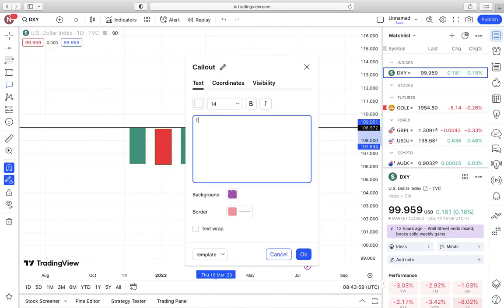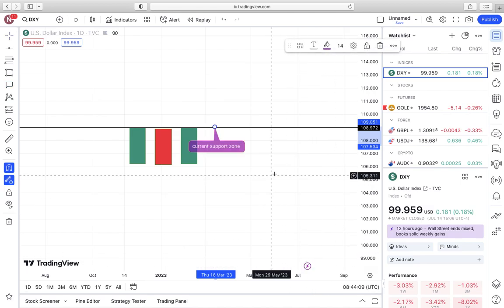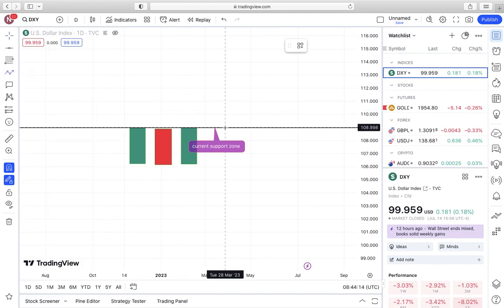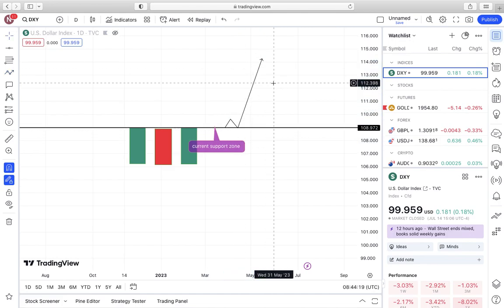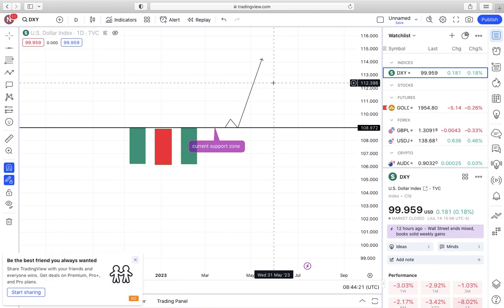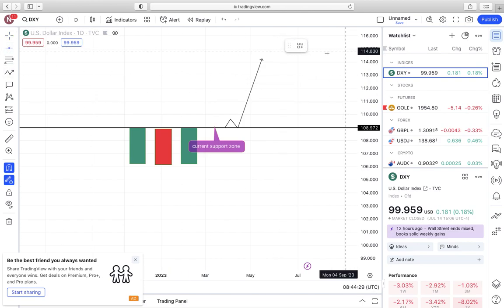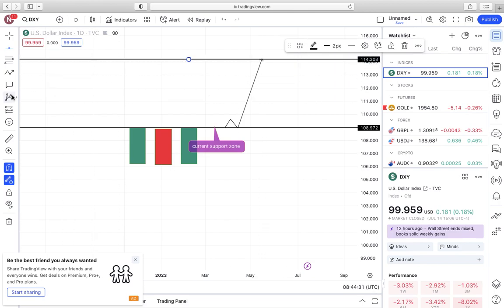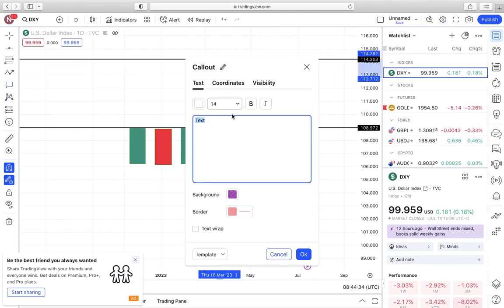You will come here and name this zone as the current support zone, which means for there to be a continuation of a buy in this given market, this market has to come here, buy up to the previous resistance zone, where your TP will come.